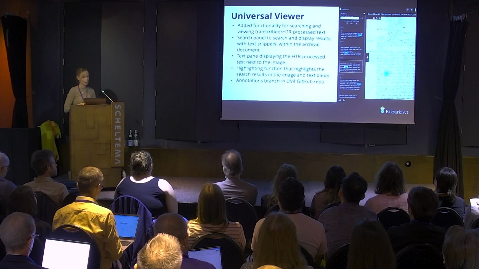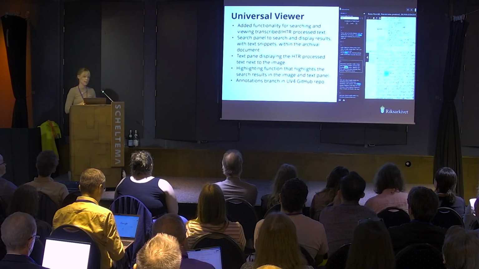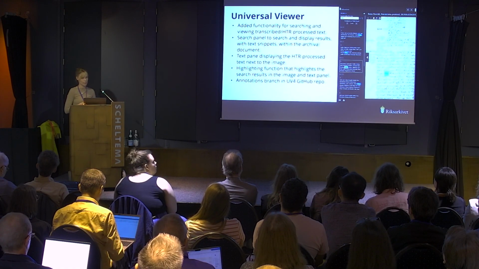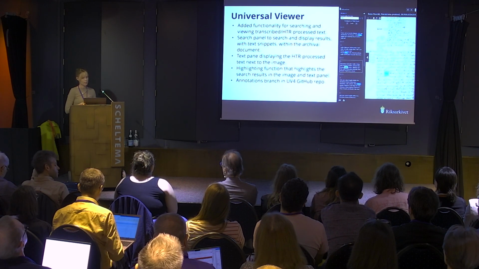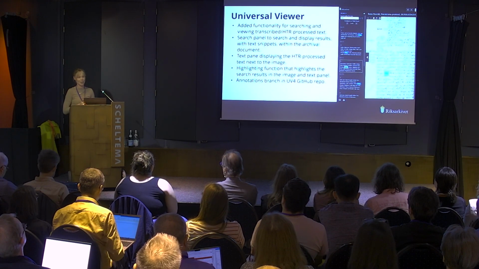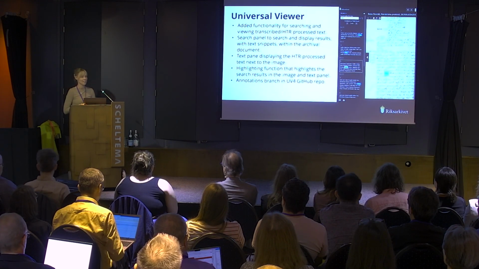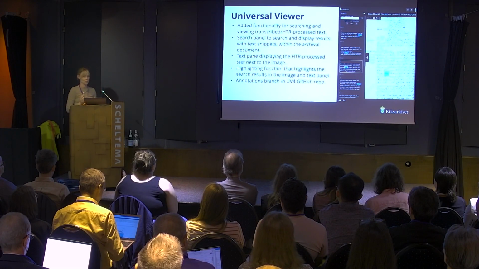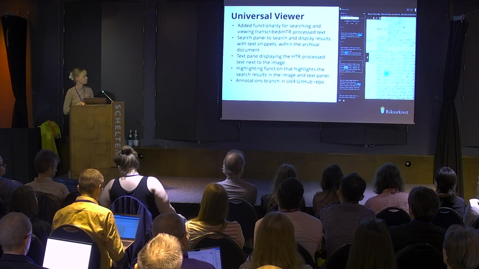We have a search panel that displays text snippets from within the document, and a text panel that displays the full HTR processed text right next to the image. And a highlighting function that highlights the searched word both in the image and in the text.